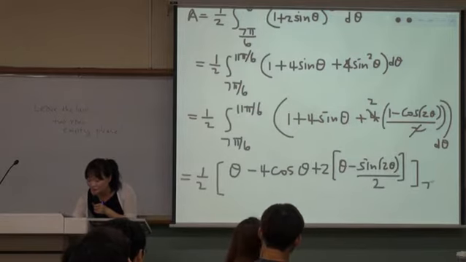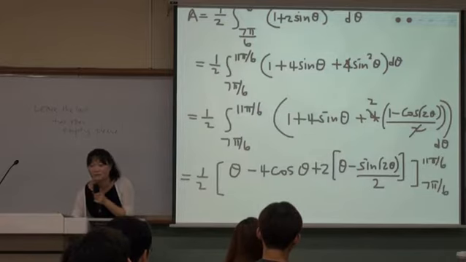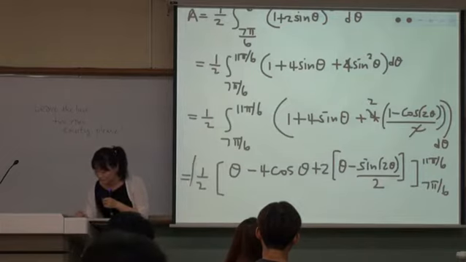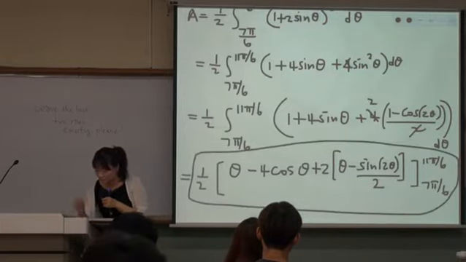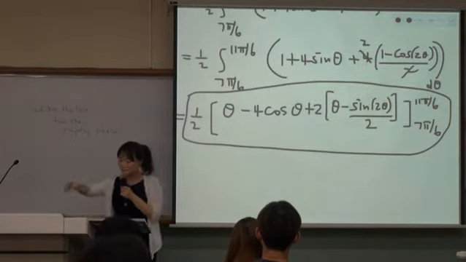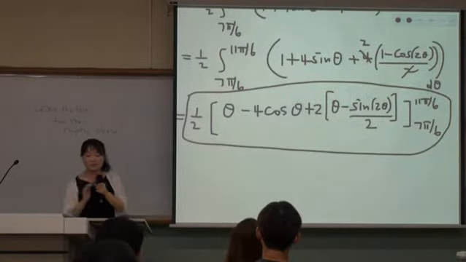And we have to plug in 7 pi over 6 and 11 pi over 6. Okay? Calculation is yours. Any question?